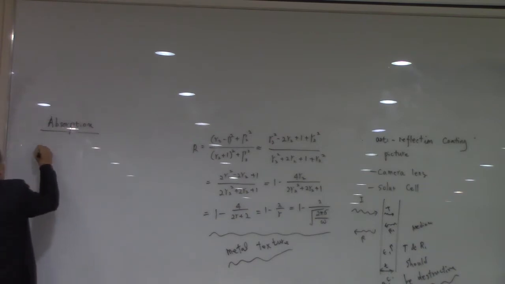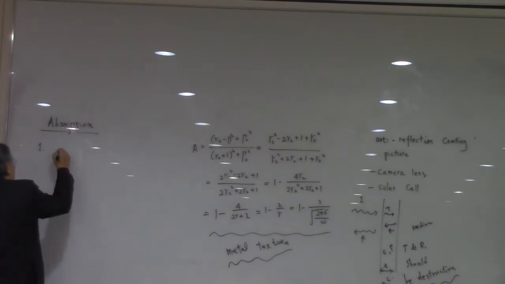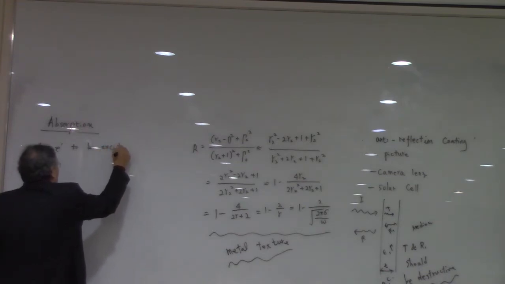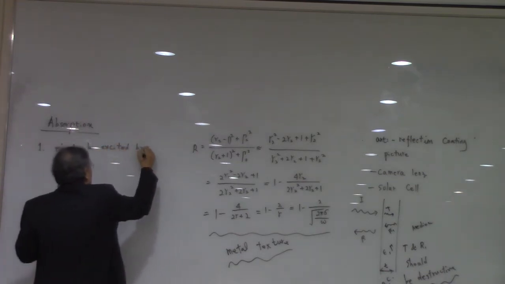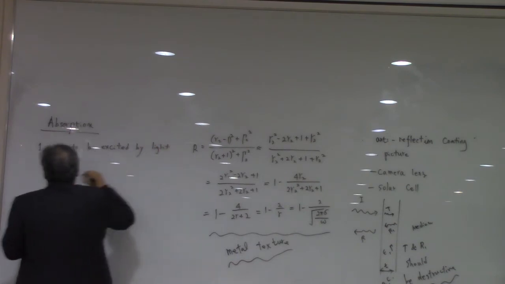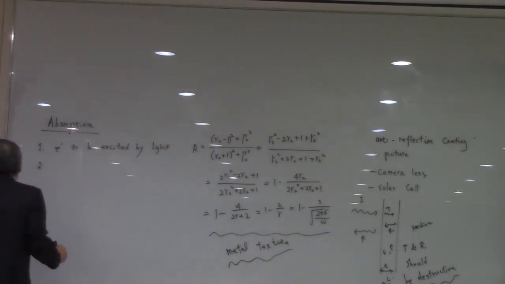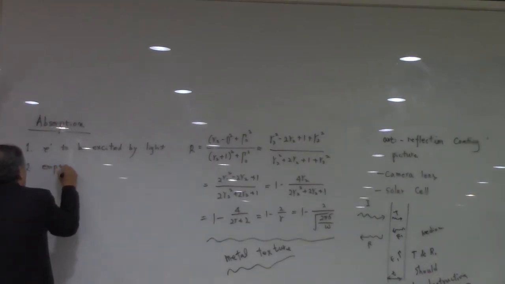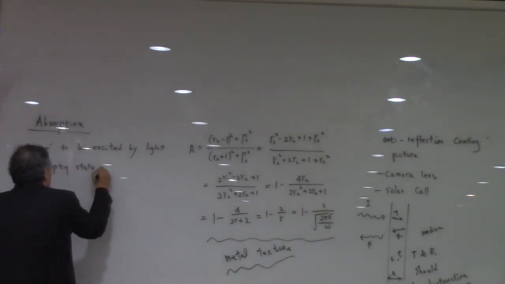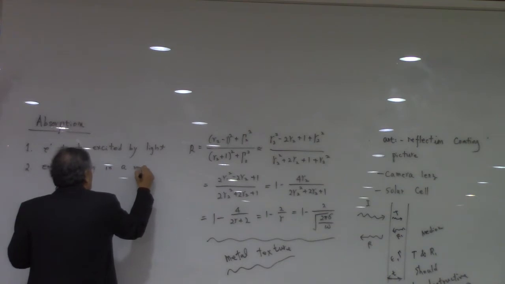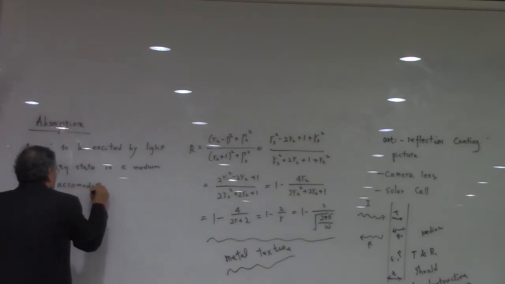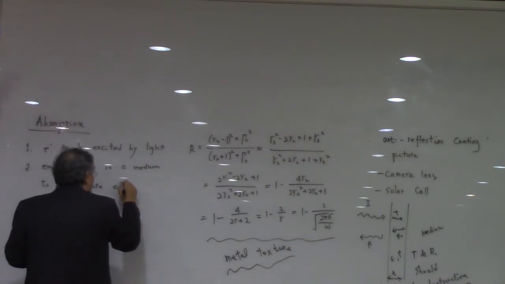Okay? First, there should be an electron to be excited by the light. All right? And then there should be an empty state in a medium to accommodate the excited electron.